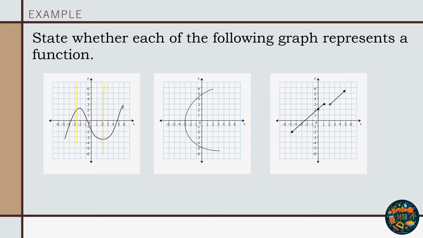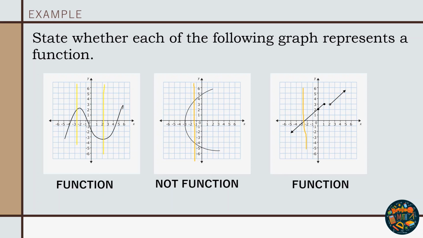So therefore, it is a function. How about the second graph? If we are going to draw a vertical line, the vertical line passes twice on the graph. So therefore, it is not a function. And on the third graph, if we are going to draw a vertical line, it passes only once on the graph. So therefore, it is a function.